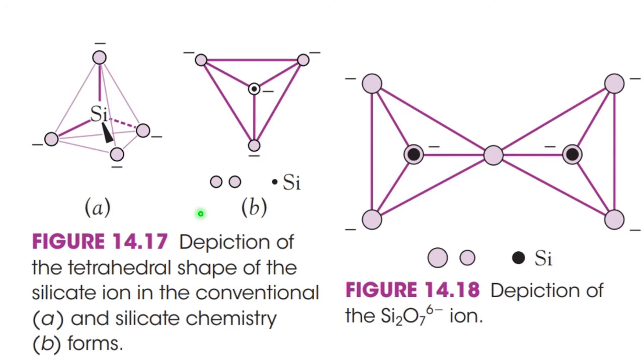For silicates, the building unit will be SiO4 with minuses on each oxygen, and a common way to draw it is such a notation, having a dot on the silicon atom and a circle on the oxygens. They are seldom monomeric, so Si2O7 6 minus will be drawn like this, and they are tetrahedral.